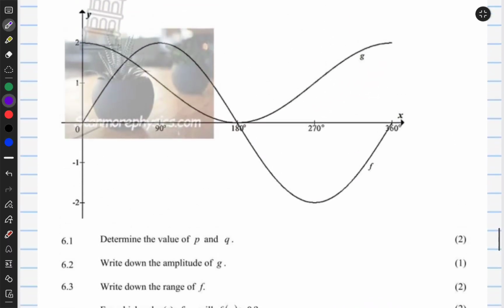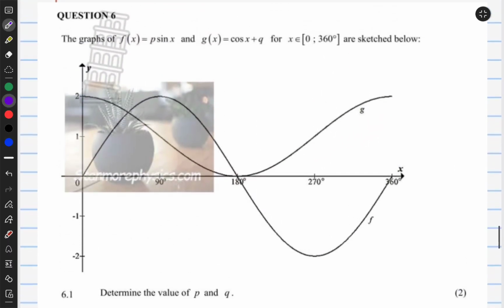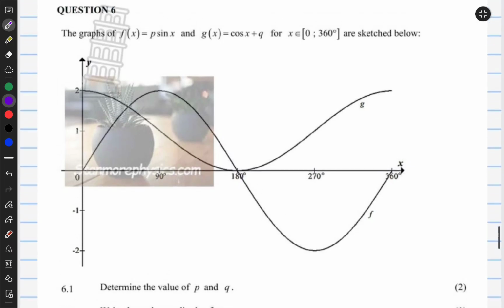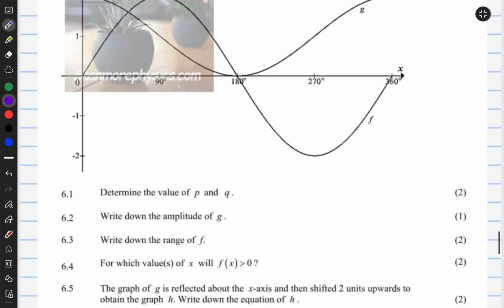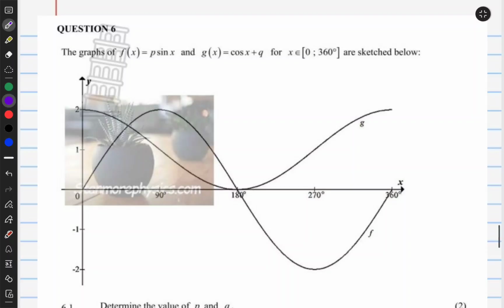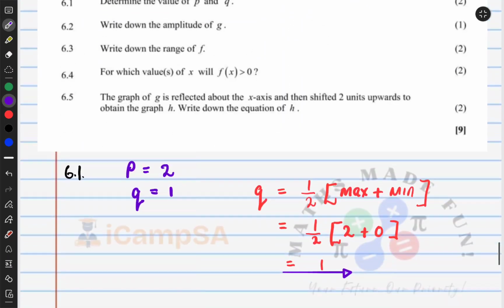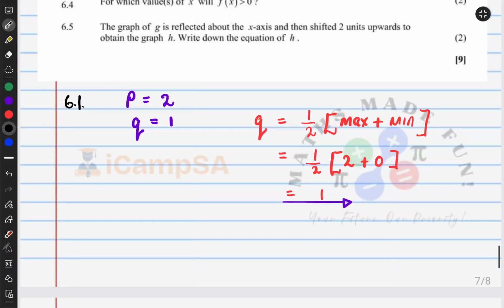Okay, and then for g at x, the cosine function, you are asked to write down the amplitude of g. So the amplitude, we see it by the coefficient of cos there, of which is 1. So the amplitude for the function of g for 6.2 is just gonna be 1.